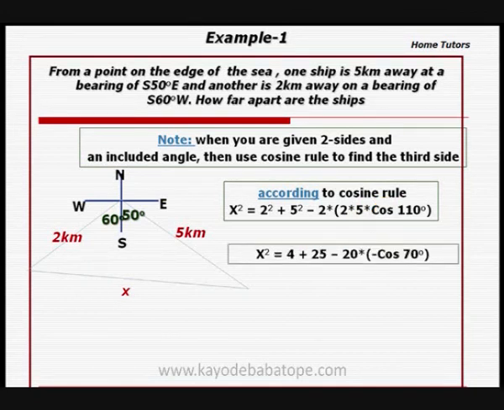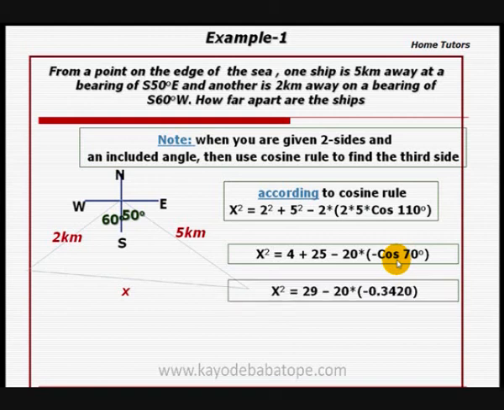This gives us x squared equals 4 plus 25 minus 20 times minus cos 70. Also, how did we arrive at minus cos 70? By going through the module on trigonometry, you will be able to understand how we manipulated cos 110 to make it become cos 70. There we explained it in detail.